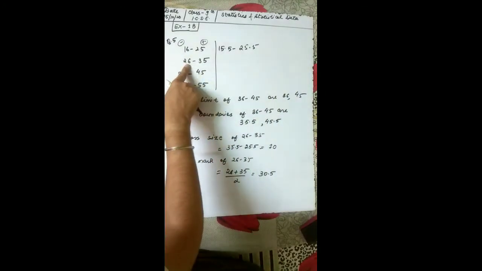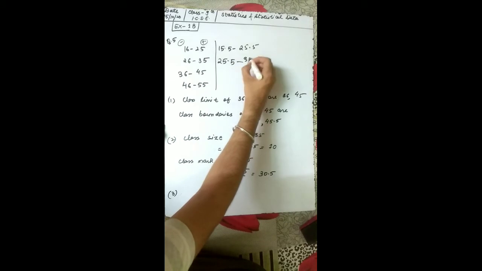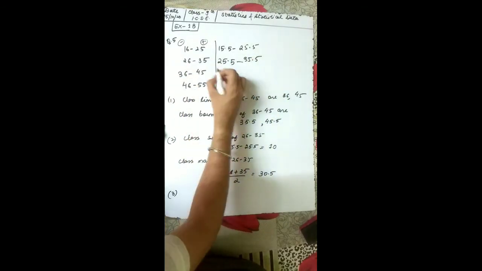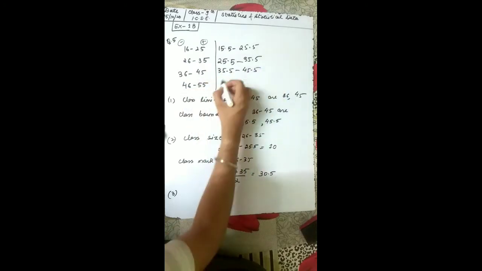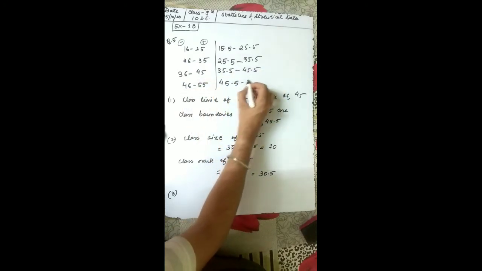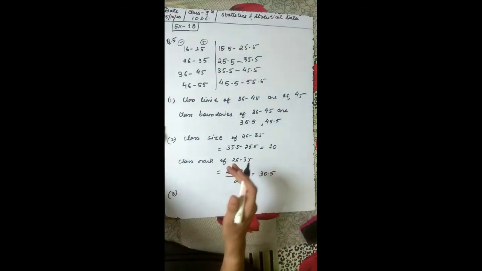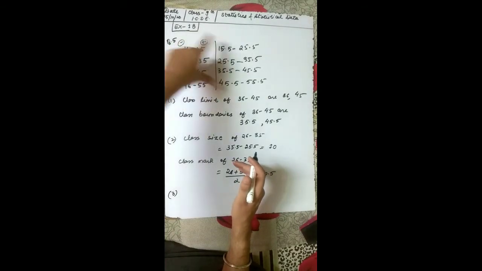Now subtract 0.5 from 26, you will get 25.5 to 35.5. Again do the same thing here, subtract 0.5 to get 35.5, and add it here, and the same thing here also. So now you can see that we have converted this non-overlapping interval into an overlapping interval.